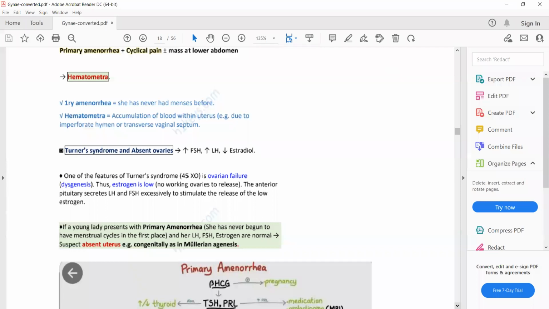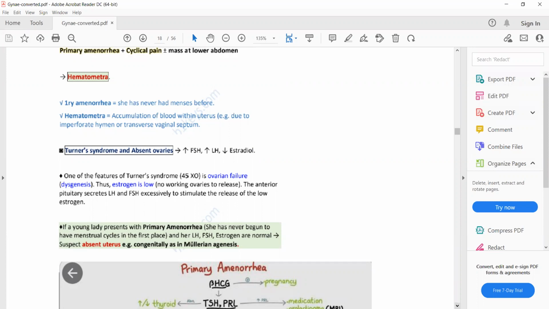So the difference between them is that in PCOS, the patient will be obese and her LH to FSH ratio will be double, 2:1. So this was all about the causes of primary amenorrhea: hematometra, absent uterus, Turner syndrome. In PCOS, the LH and FSH ratio will be double as compared to CAH. There are two differences between them.